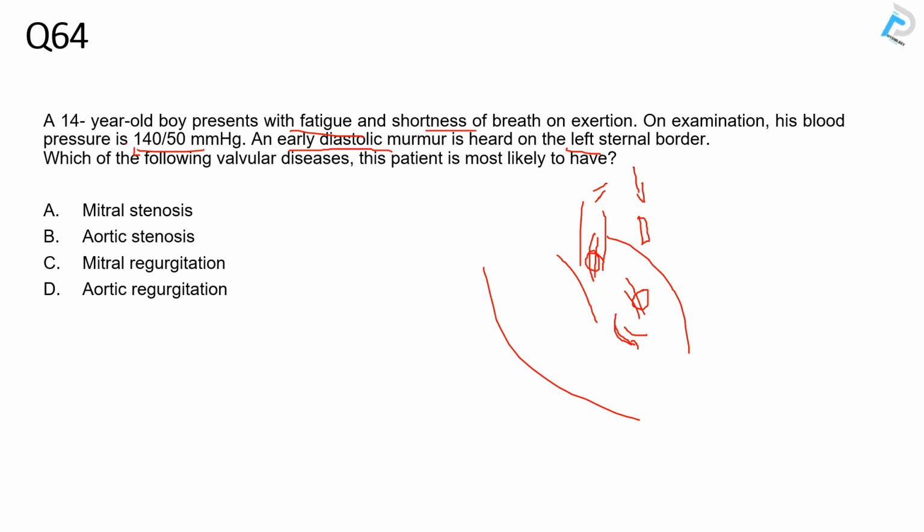So there is an increase in systolic pressure and a decrease in diastolic pressure, causing a high pulse pressure, which is characteristic of aortic regurgitation. And because the backflow of blood is happening during diastole, the murmur is also heard during diastole. So the condition here is aortic regurgitation.